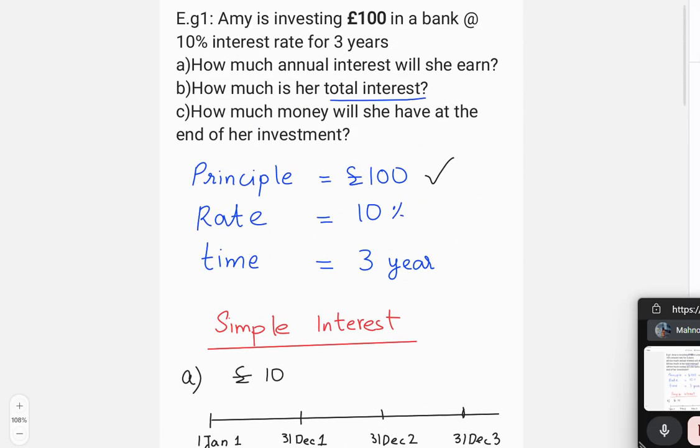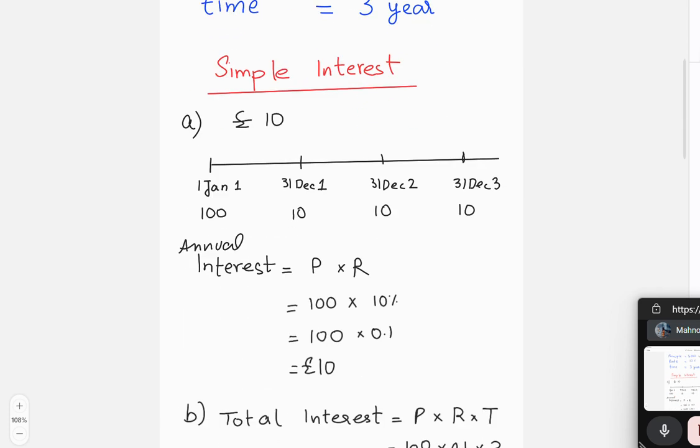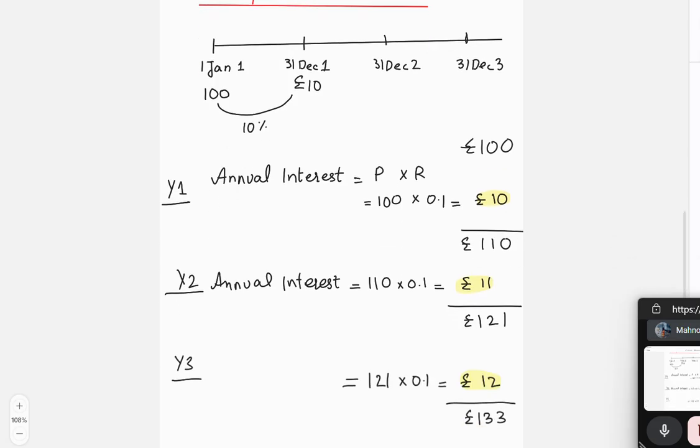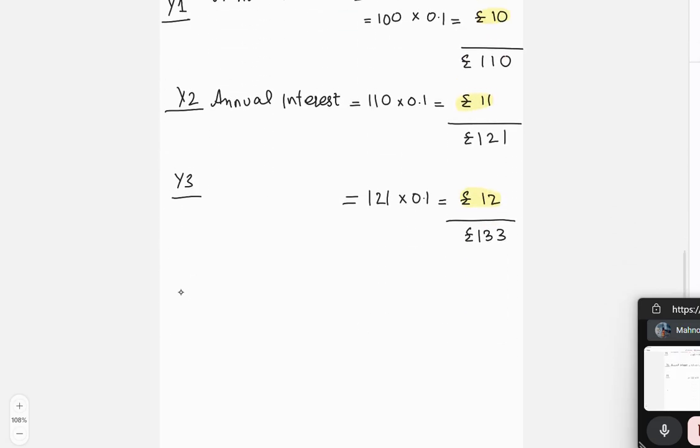Now, part B says, how much is her total interest? Total interest means that you need to sum up the interest for year 1, year 2, and year 3. You cannot use the same formula you used for simple interest because the formulas for simple interest are different than the compound ones.